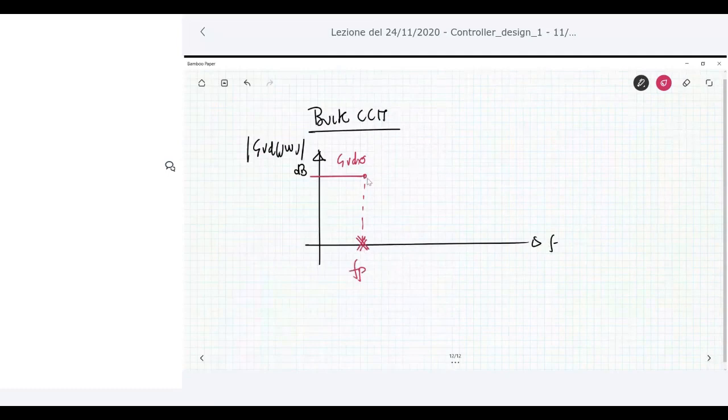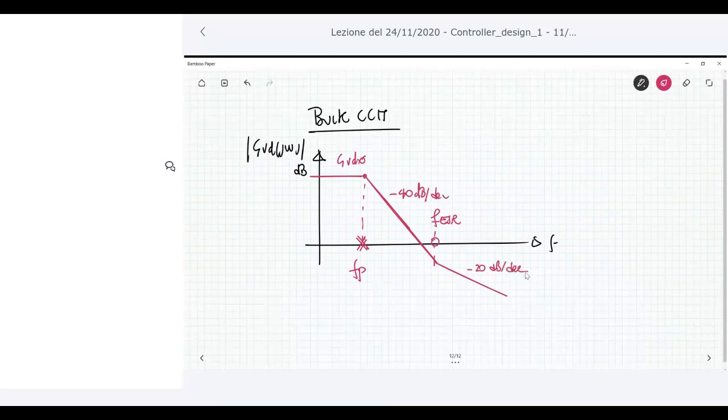From this point, with two poles, you have a minus 40 dB per decade decay. Then somewhere here you have the zero, which is FESR, and so you have a minus 20 dB per decade decay. This is the Bode plot of the magnitude of GVD for the buck CCM.